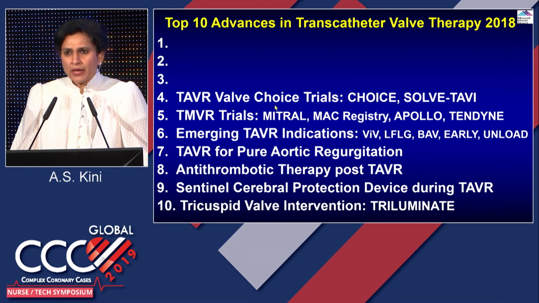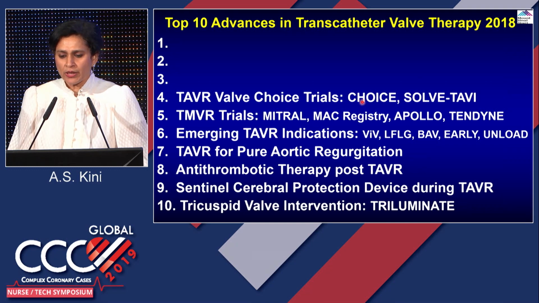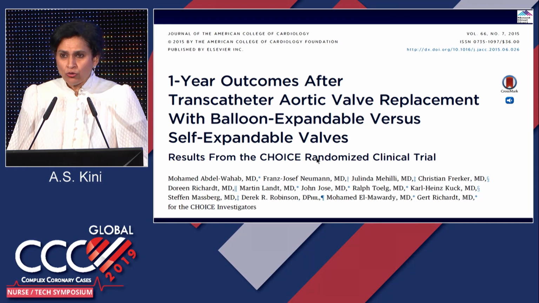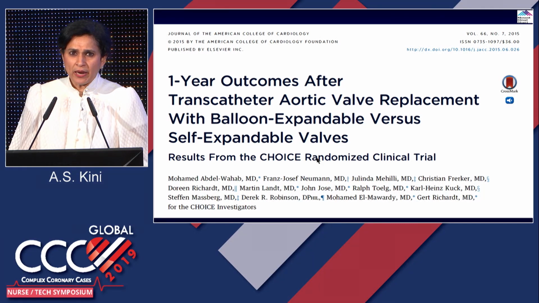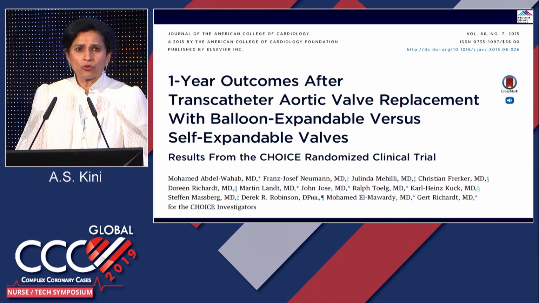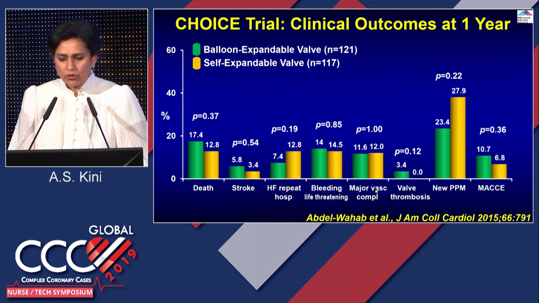So we do have several TAVR valves. The question is which valve is best for the therapy here. So there are a couple of trials out there which have discussed balloon expandable versus self-expandable. These are the 2 FDA-approved valves that are now available out there.